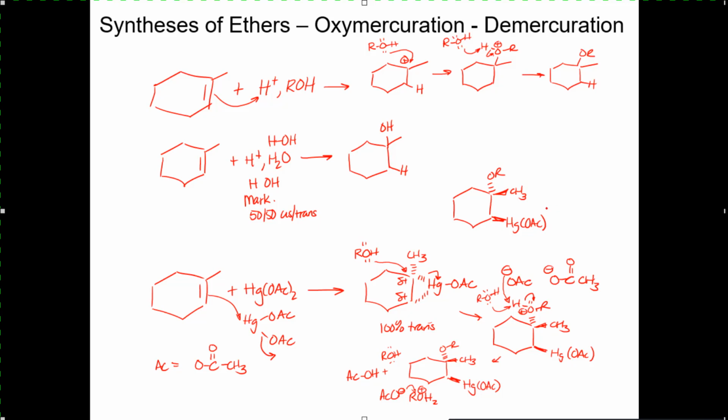So remember then, in the final step of this, we add sodium borohydride to this reaction. It replaces the mercury in exactly the same position with a hydrogen, so that in the end of this reaction, what I ended up doing was adding the hydrogen and the OR group, Markovnikov, 100% trans.